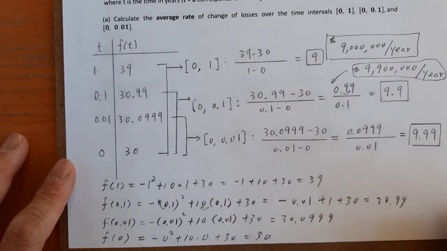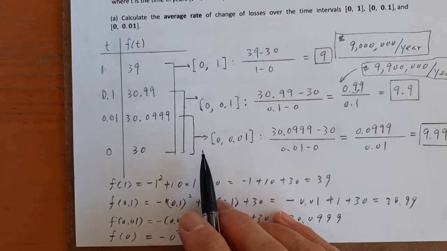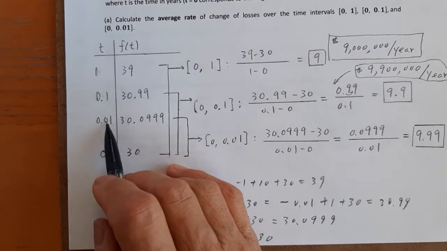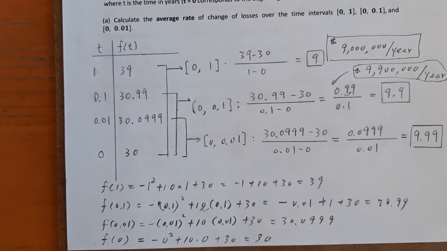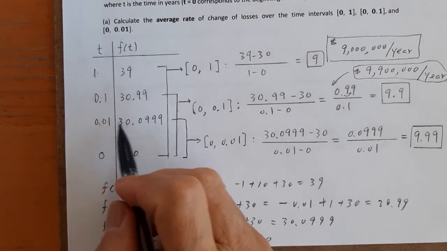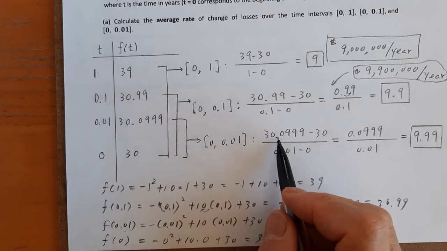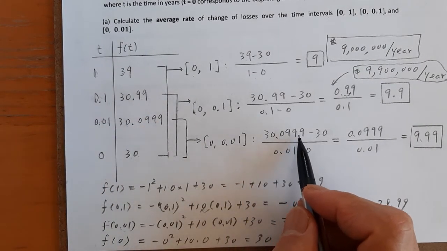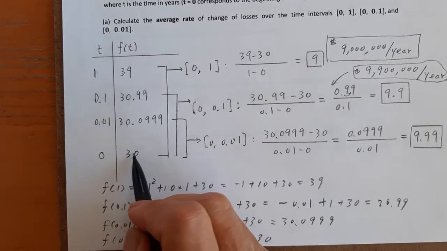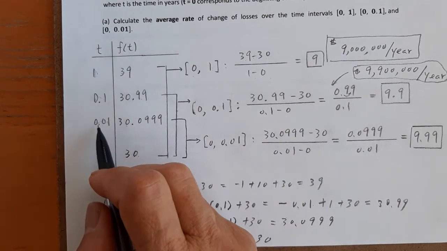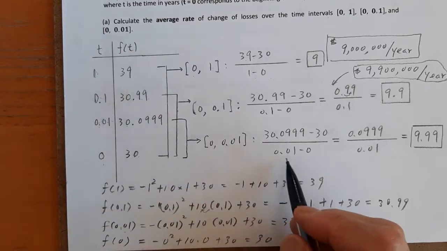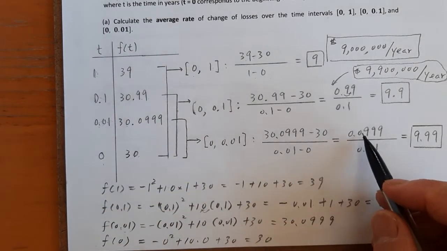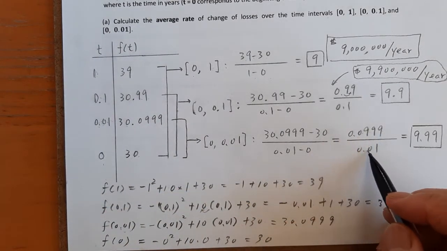And then the next one, the third interval between 0 and 0.01. So you do f of 0.01, the function value is 30.0999, minus f of 0, which is 30. This minus this over 0.01 minus 0. So you get 0.0999 over 0.01.